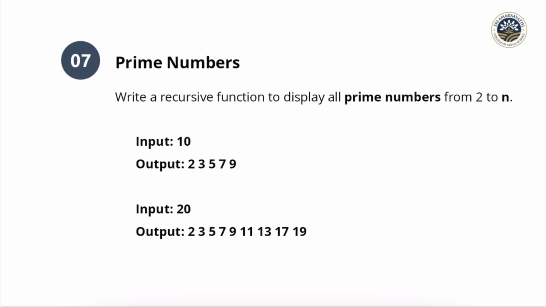So this is the basic of what a prime number is, but here we are asked to print the prime numbers until n. So starting from 2, you need to print the prime numbers until n. First we shall know how to check whether a number is a prime number or not.